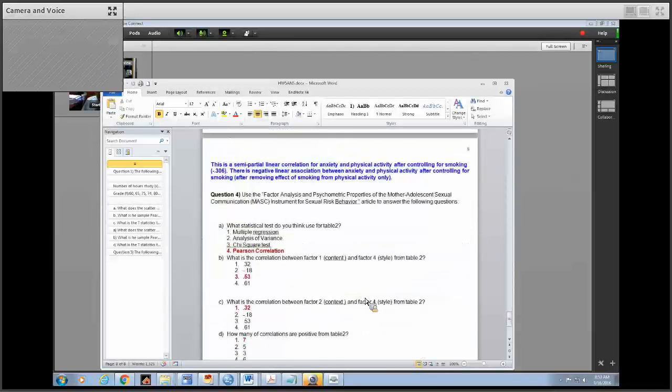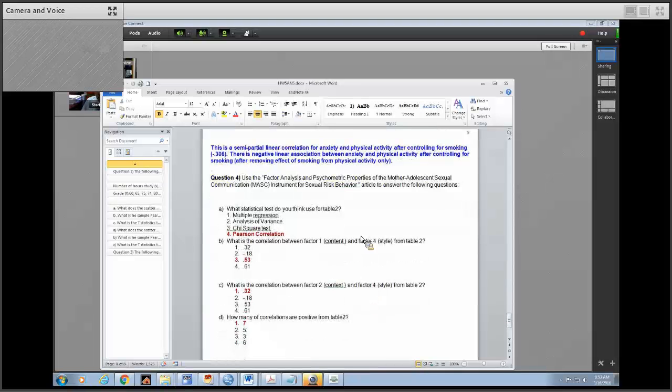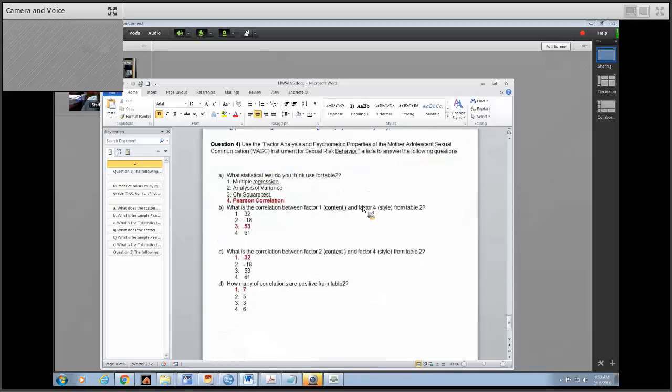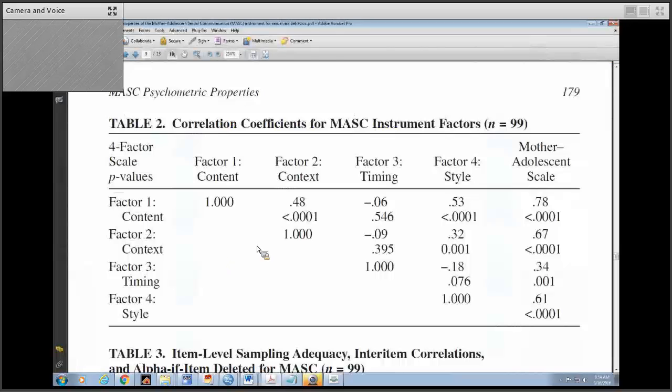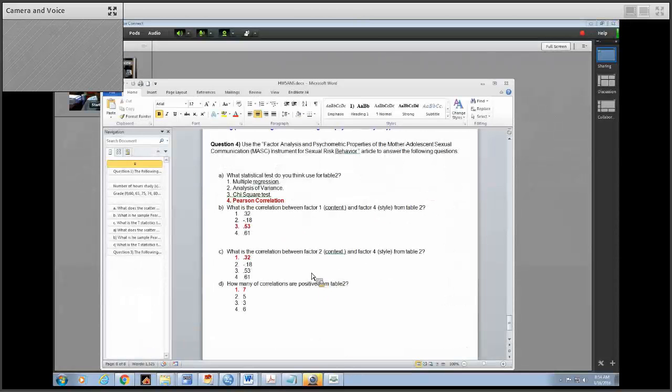For question 4, I asked you to look at the article. Obviously, the title of the table told you it was Pearson correlation. What is the correlation between factor 1 and factor 4? Looking at factor 1 and factor 4, it is 0.53. That is the correct correlation.